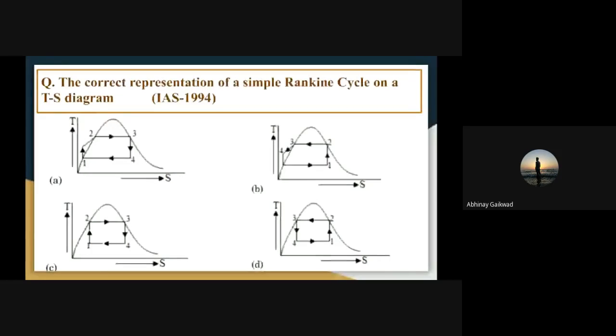Look at options A, B, C, D. From these four representations of the TS diagram of the Rankine cycle, which is the correct one? Look at the diagram and shoot your answer in the comment box.